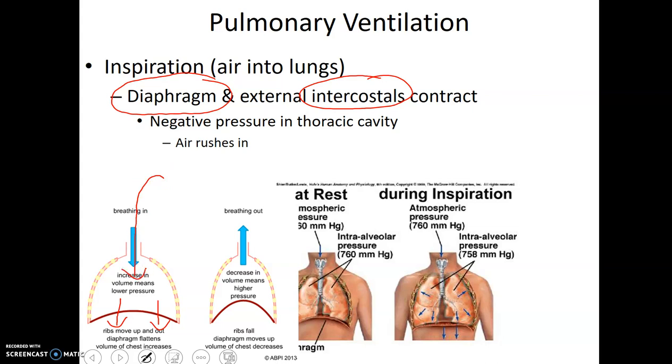So if we look here, the atmospheric pressure is 760. When our diaphragm contracts downward, it's going to be 758, which means your air is going to want to rush inward. All right, your intercostals, remember, they're going to contract and pull the rib cage up and out of the way, and that's to make room for those lungs to expand.